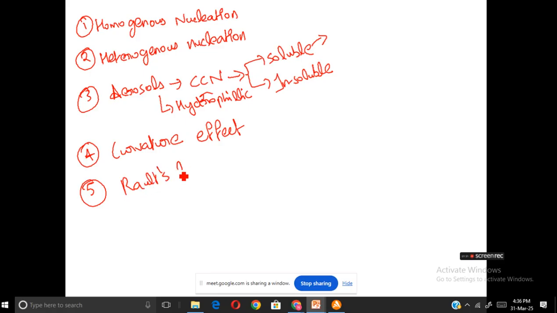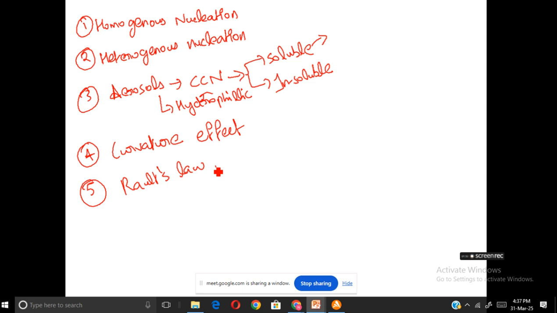Raoult's law basically says that there will be a fractional reduction in the saturation vapor pressure of water adjacent to a solution droplet compared to that adjacent to a pure water droplet, and it is given by the mole fraction of the pure water.